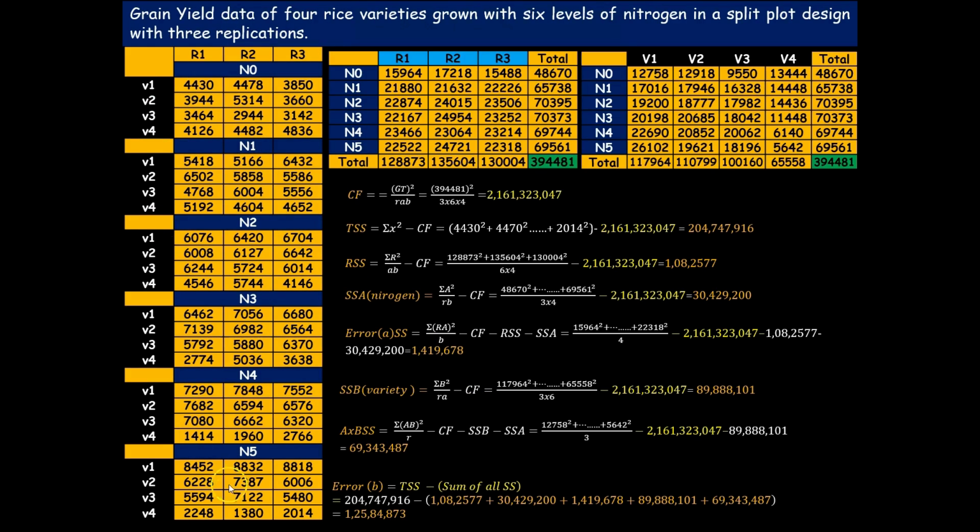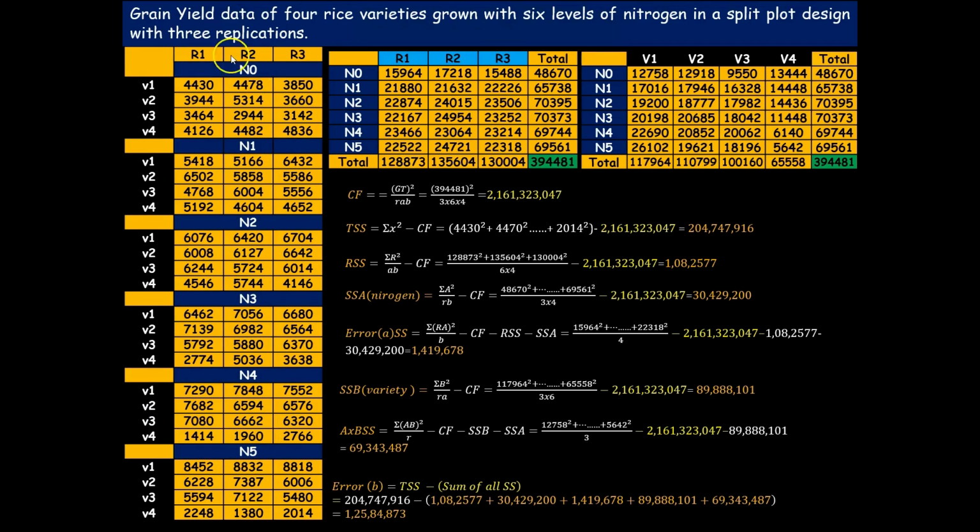So we have a data set here. We have 4 different varieties, and 6 different levels of nitrogen, arranged in 3 different blocks, rather replications. So this is the data.